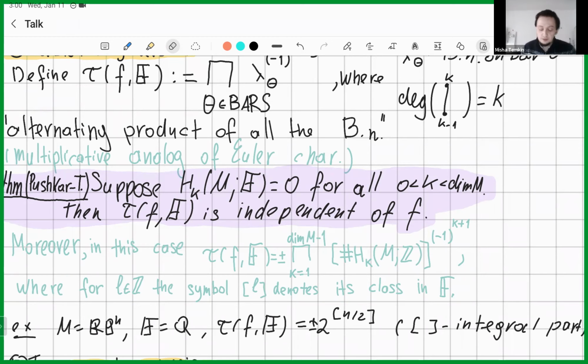So this class includes all the F-homology spheres. But surely this condition is extremely restrictive. For a sphere, this is just one. For our RPN, this is this. I don't think I can add anything.